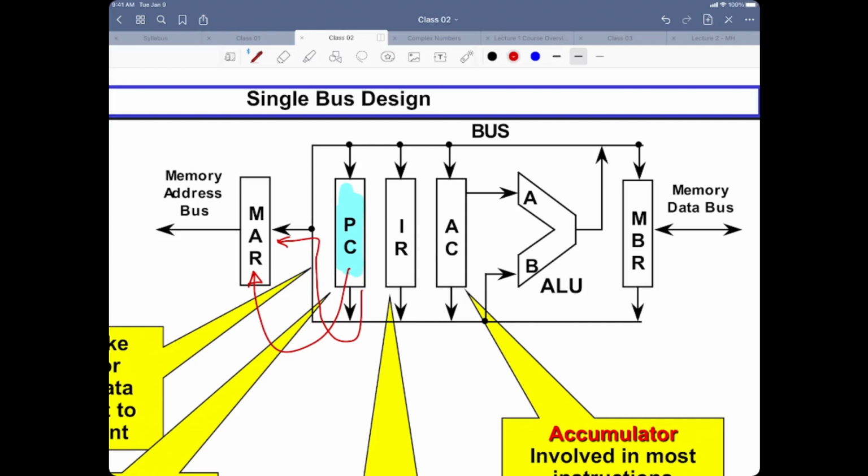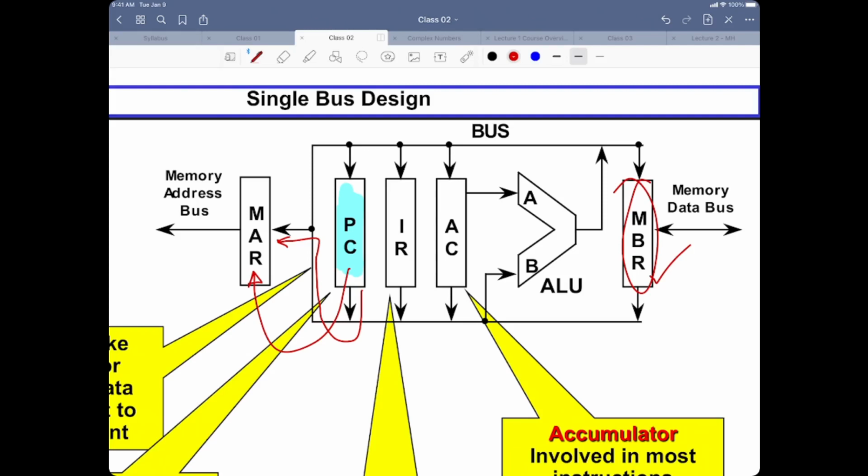When I initiate a read sequence for the memory, the contents of that particular address location are going to move into what? MBR, right? So now, once I do that memory read, the contents, which is the instruction, eventually need to land in the IR.